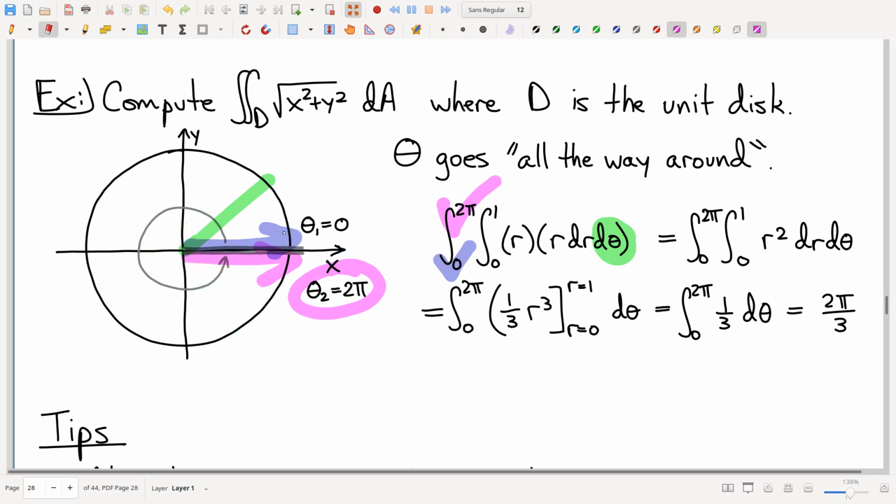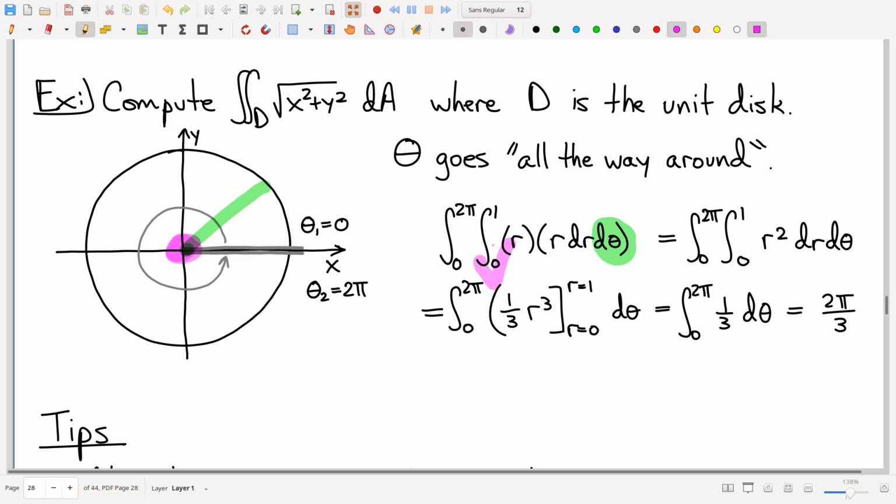Okay, likewise, for a given value of theta now, my starting value of r, there is the first, which you might call the first r point on my theta slice. That's the origin. That's where r, of course, is 0.